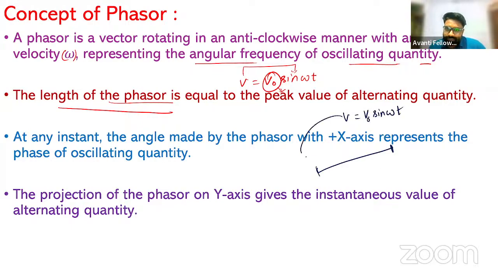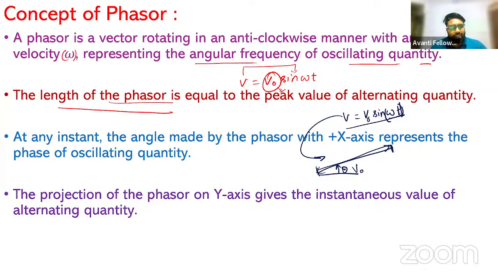If I want to represent V as a vector or a phasor, first of all, the length of that phasor would be the maximum value, which is V naught. And the angle, because to draw a vector we need two quantities, magnitude and angle. So the angle should be this quantity, omega t, from the positive x-axis. This is the phase. I have already told you the length of the phasor.